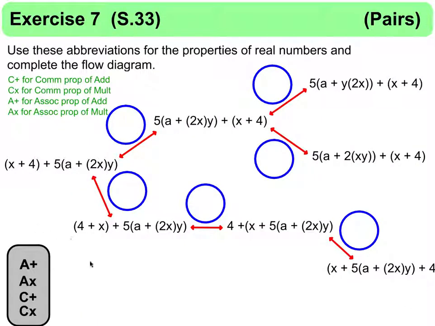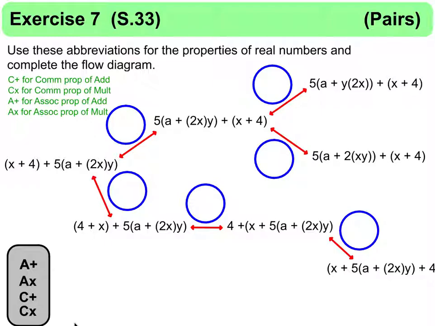So the last exercise, exercise 7, on page 33, is a full diagram that starts with the x plus 4 plus the 5, and then in grouping symbols a plus a 2x, and then times a y. So I would encourage you at this point to pause the video and try for yourself.